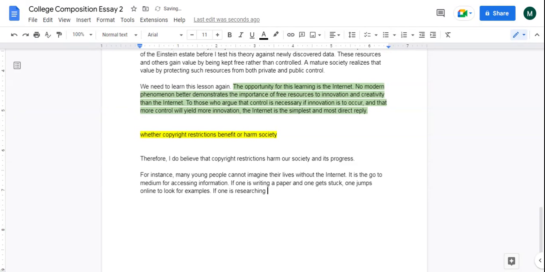If one is researching a paper, one types in the appropriate search terms. Depending on where you want to go with that, you can say search or query. So, appropriate search terms.